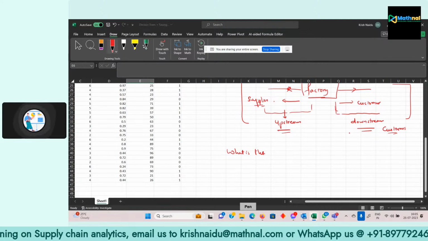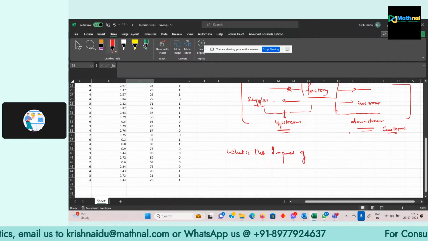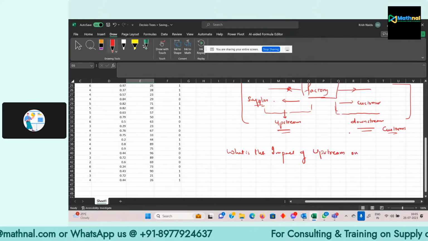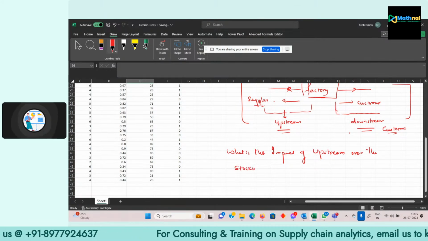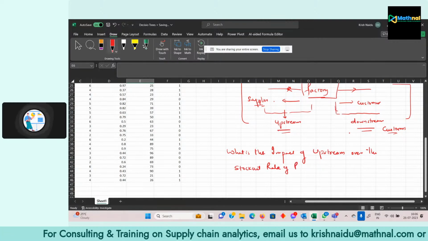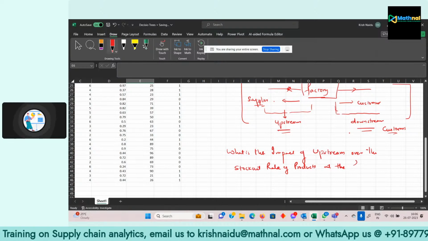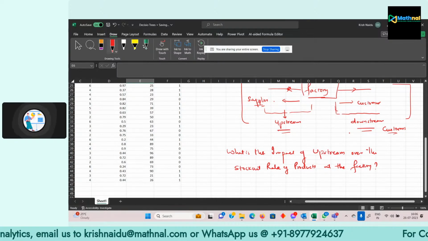What is the impact of upstream on the stock out rate of products at the factory? This is what we need to understand.